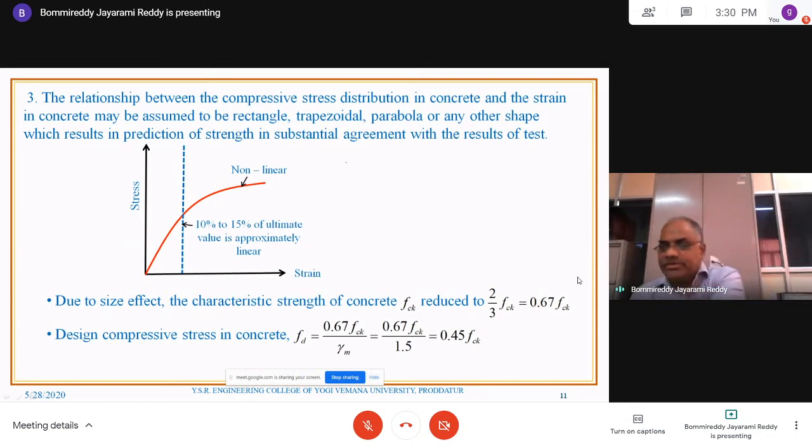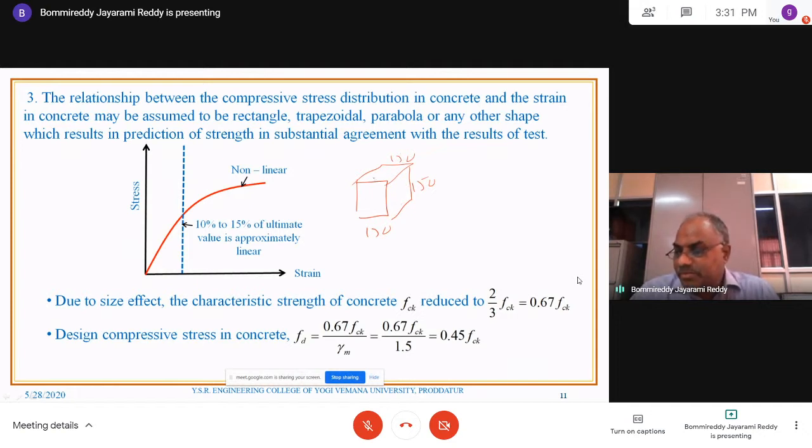And normally, what is going to happen here in the concrete, particularly, the cubes are to be tested for 150 size. Cubes are tested for 150 size for the strength of the concrete. But in the field, the size of the member is not 150 by 150.